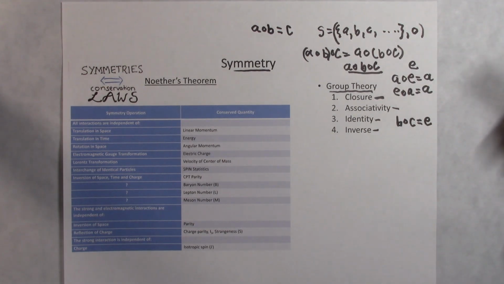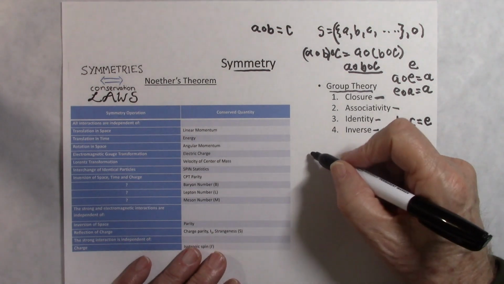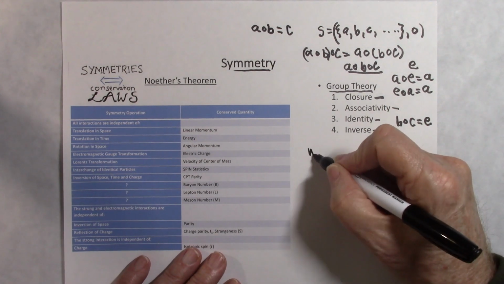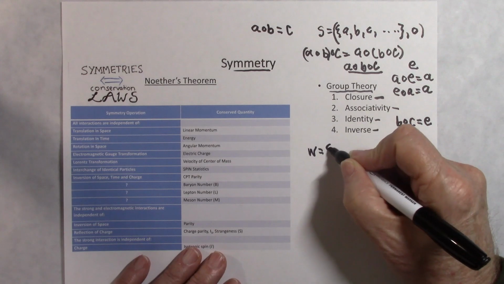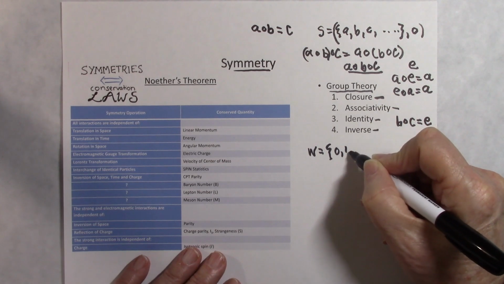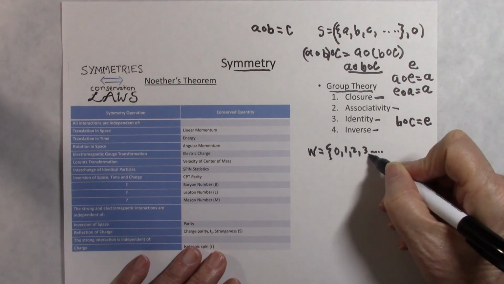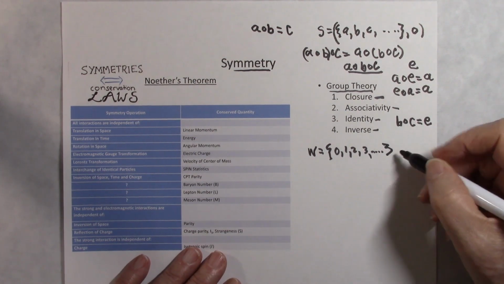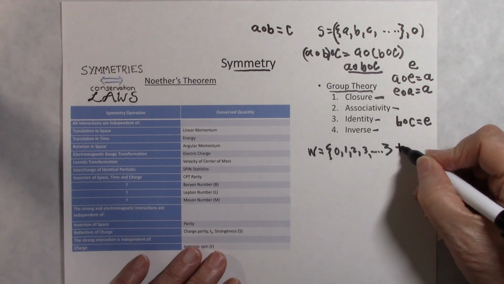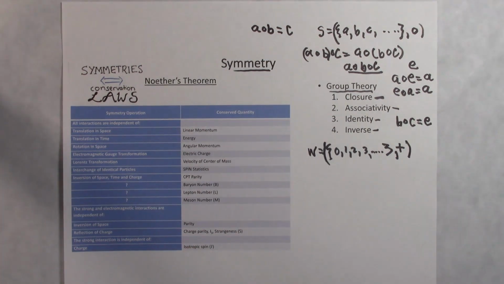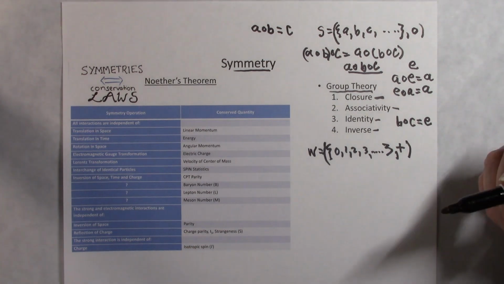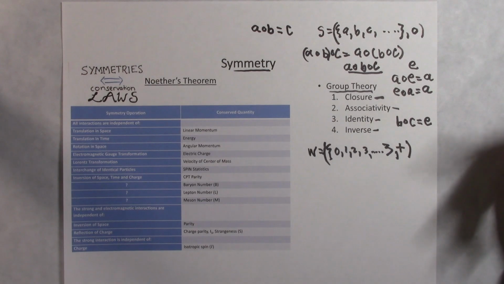Well, let's look at a couple of examples. Suppose we have the set W, and I'll just make that set {0, 1, 2, 3, and so on}. And I'm going to make the correspondence rule addition. And we want to ask the question, does that structure constitute a group?